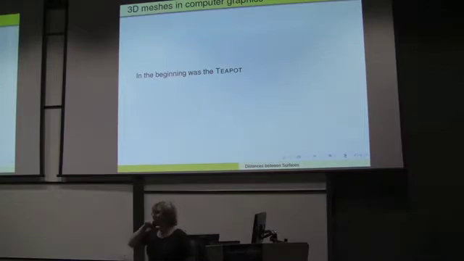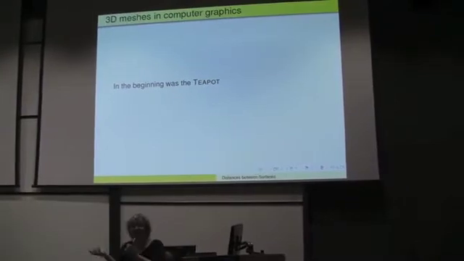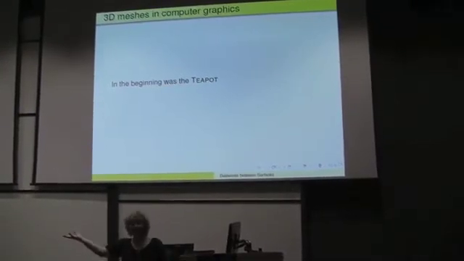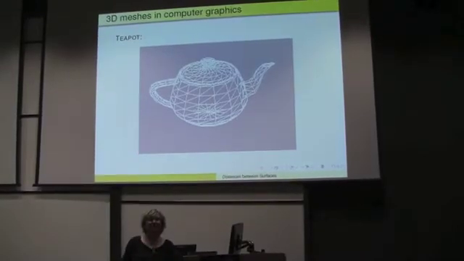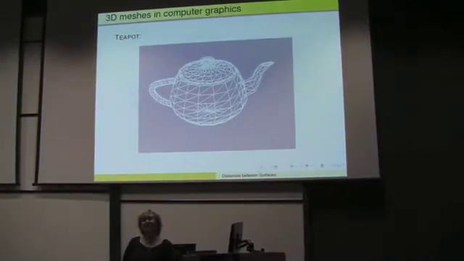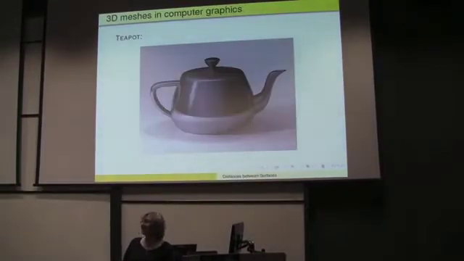The teapot started because in the late 70s or maybe early 80s, a friend of one of the computer animators, who was talking about these surfaces, said, why don't you just take an object? And she held up a Melitta teapot. And so this was the first meshing of a teapot. In the meantime, the teapot has become much more sophisticated.